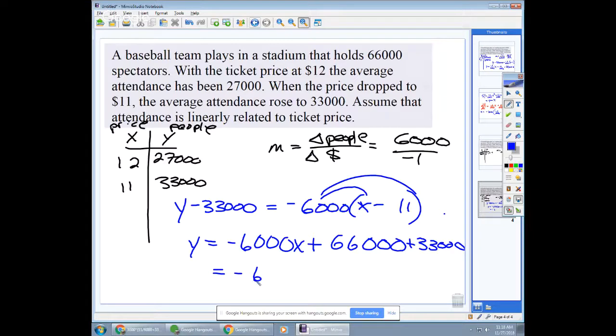So I get negative 6,000 X plus 99,000. All right, so here, this is the equation for the number of people. X is the price, so this is quantity. So we're gonna multiply this by X for the revenue.